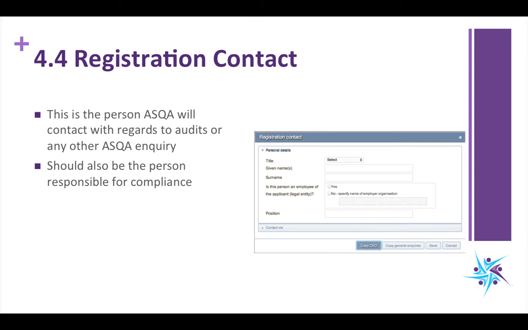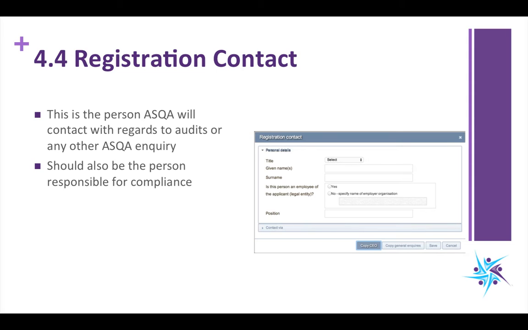4.4 is your registration contact. So this is the person that ASQA will contact in relation to your registration with ASQA. Normally this can be your CEO, but it may be your compliance manager or a compliance officer, or someone who you want to deal with ASQA. So if ASQA ever gets in contact with the RTO, this is the person that they're going to get in contact with.